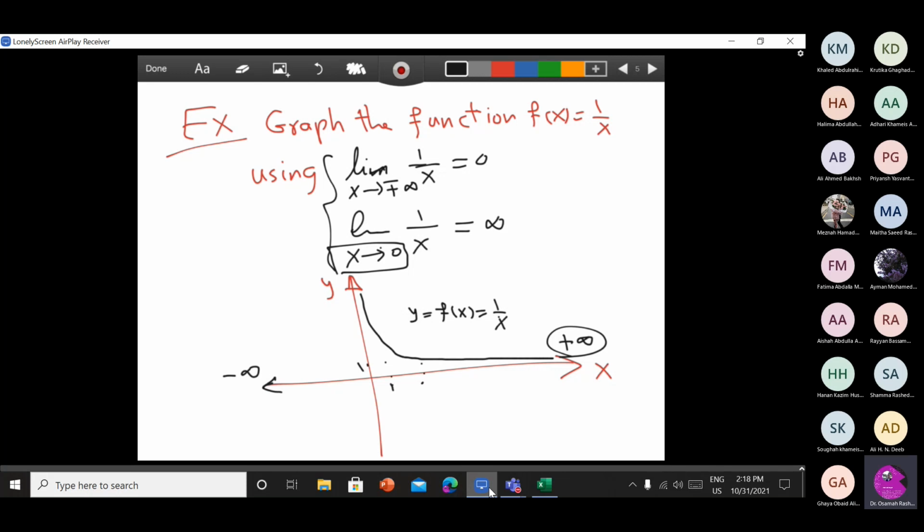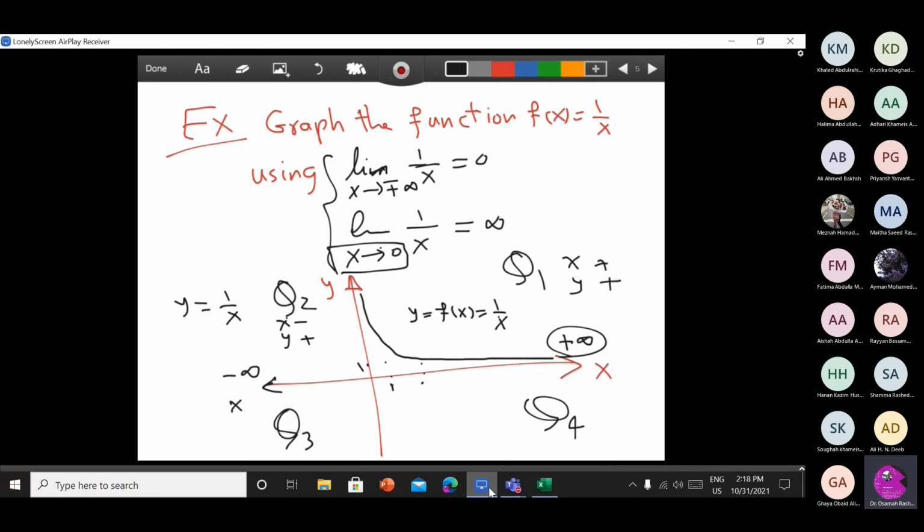So what is the graph? If x is negative, y equal to 1 over x is also negative, right? So you cannot graph it in the second quadrant. Do you remember the first, second, third and fourth quadrants? Here, x and y are positive. Here, x is negative and y positive.